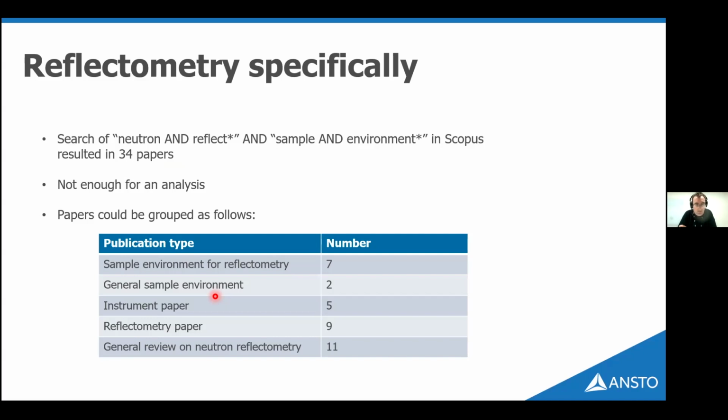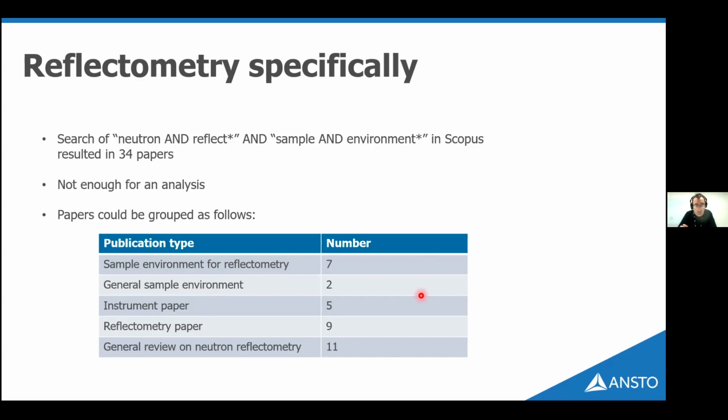So I tried to do my own grouping, which is very much my interpretation, and of those 34 papers, only 7 were specifically on sample environments for reflectometry.